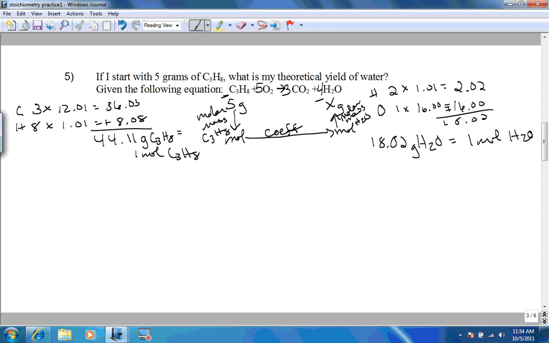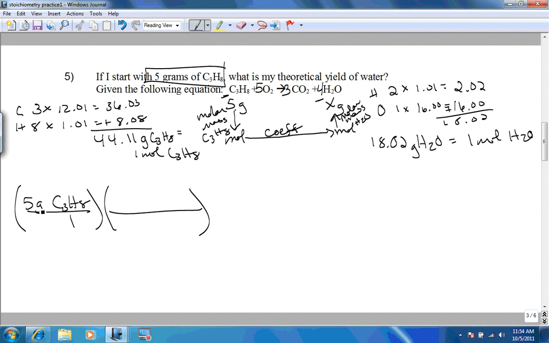Alright, so from here we can use our starting point of where our arrows begin, or the number that's actually in the question itself. 5 grams of C3H8 over 1. We have grams of C3H8 on the top. That means I want to put grams of C3H8 in the bottom of the next one.